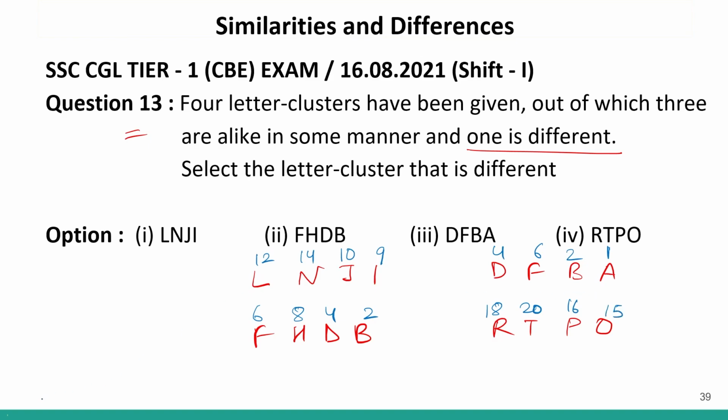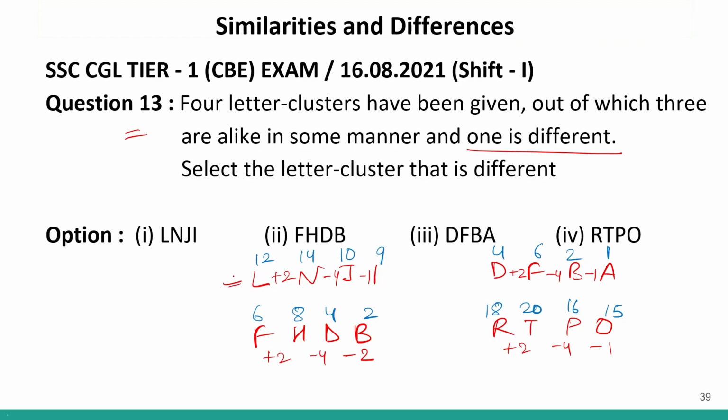So here if I see the logic, this is plus 2, this is minus 4 and this is minus 1. Similarly, plus 2, minus 4 and minus 1. Here, plus 2, minus 4 and minus 2. Here we have plus 2, minus 4, minus 1.